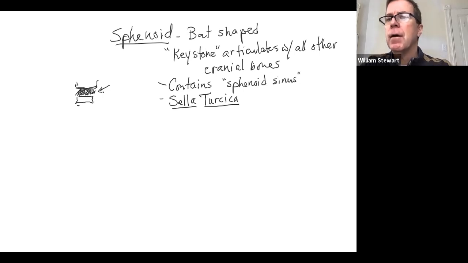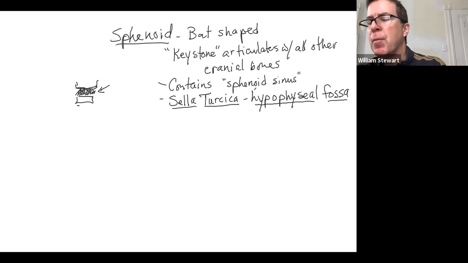That's called the hypophyseal. I want you to recognize these words. You don't have to be able to spell them, but the hypophyseal fossa. Fossa means groove. Hypophyseal means below the hypothalamus, the pituitary gland.